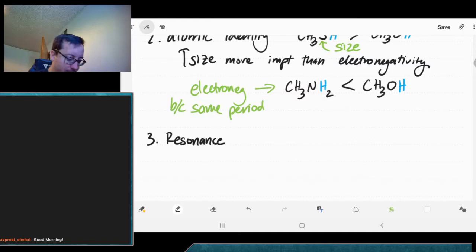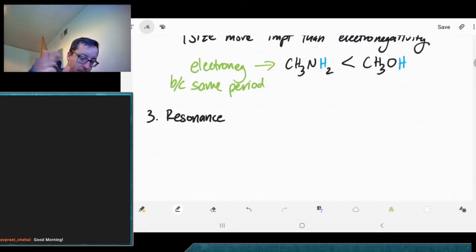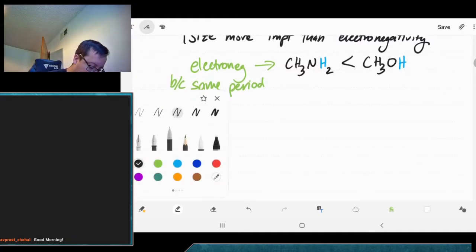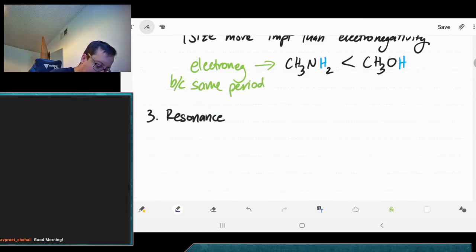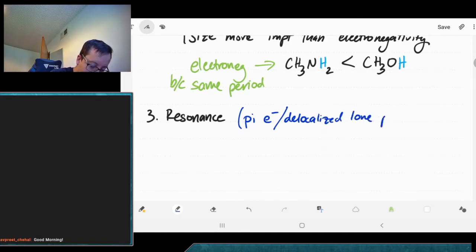Yet again, just a refresher on this resonance idea. Remember that these are pi electrons, or delocalized lone pairs that move around within a molecule.